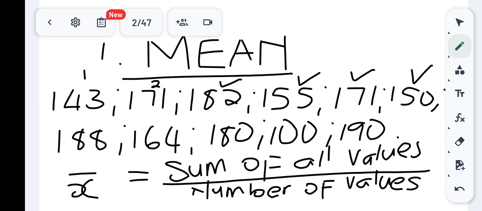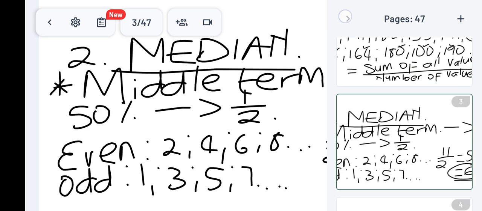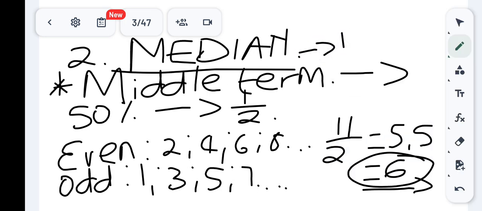And let's try again to find the value that is in position number 6 from the right hand side. So we will start here. 1, 2, 3, 4, 5, 6. So this means that 150 is our median. Okay, so that's very simple.